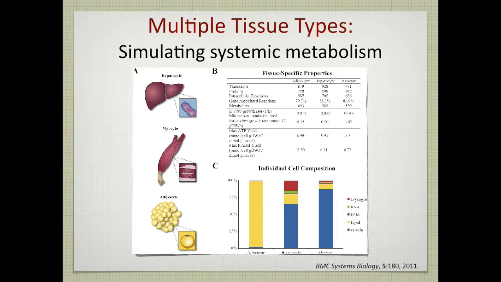It color codes the composition of these cell types. So yellow is fat, so the adipocytes are almost all yellow, so a lot of lipids in adipocytes. Blue is protein, so the skeletal muscle has a very high protein content. And the red is glycogen, and that's of course highest in the liver. So the composition of these cells is different.